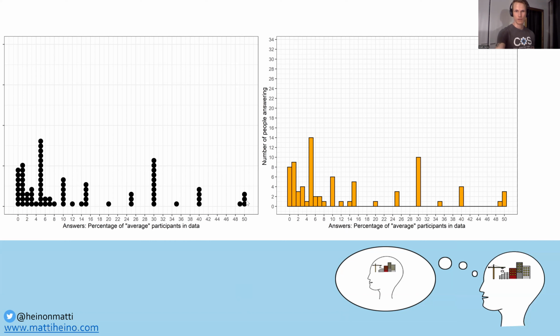Here you have 3 people answering 50, so this bar is 3 people high, and this bar on 40% is 4 people high, and so forth. So this is a histogram.